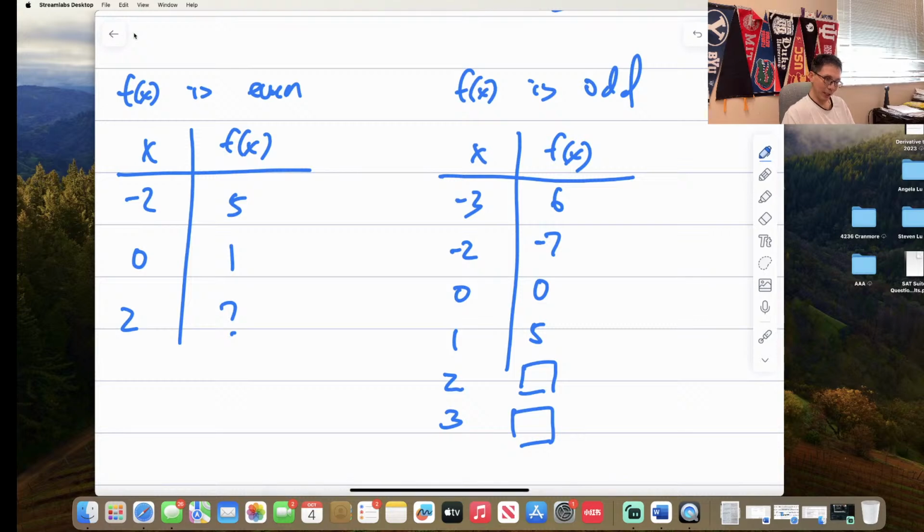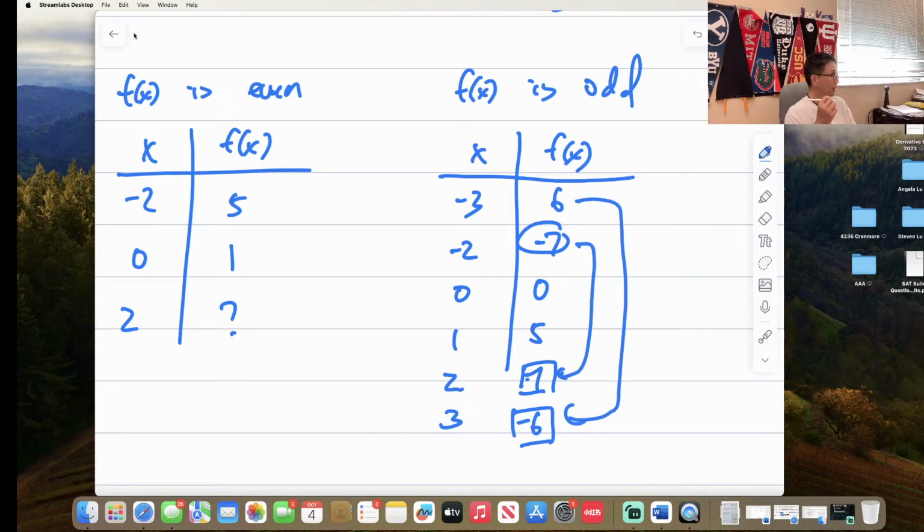Which one is -6? 3. -6, good. And this one's what? +7. So remember, this is going to be opposite to each other if it's odd. Every symmetry is different. If it's even, the symmetry is about the y-axis. If it's odd, the symmetry is about the origin. So the coordinates are going to be opposite to each other.